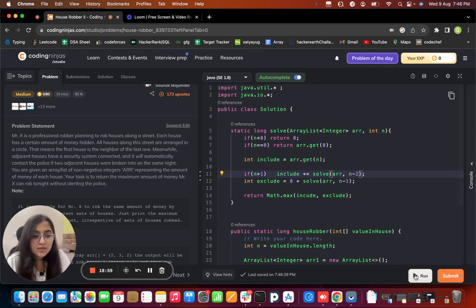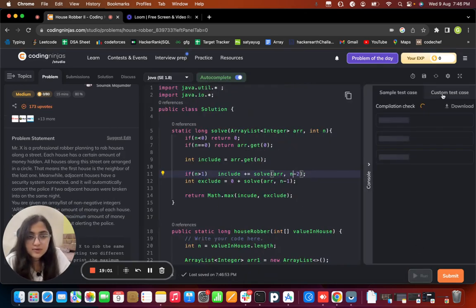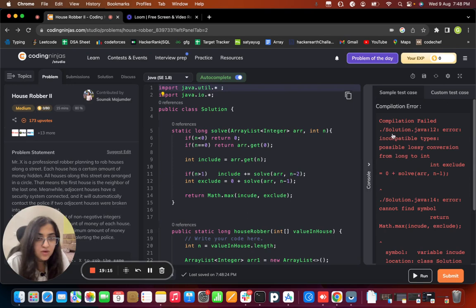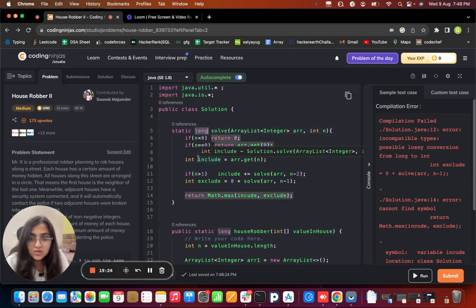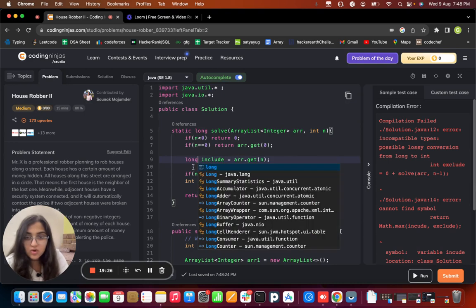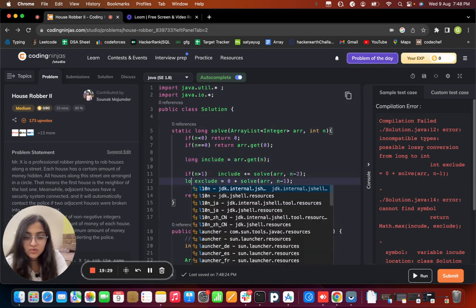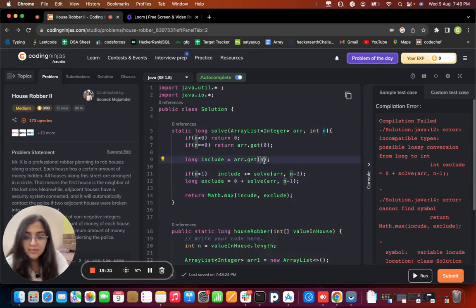Let's try to run the solution now. Okay, there's a possible lossy conversion. I haven't noted that we need to return it in long. So we must change this to long, and this also to long, and n minus 1.